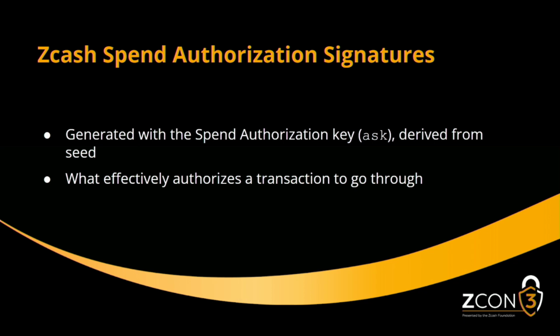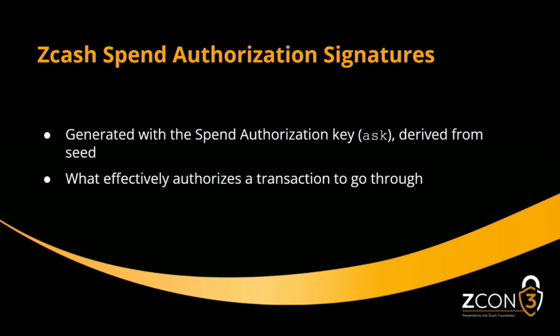In order to explain how we use FROST with Zcash, you need to understand a little bit about how Zcash uses signatures. So Zcash is a complex protocol, but the main part that is required to actually authorize a transaction is to generate these spend authorization signatures, which are digital signatures. This is for the Sapling and Orchard protocols.